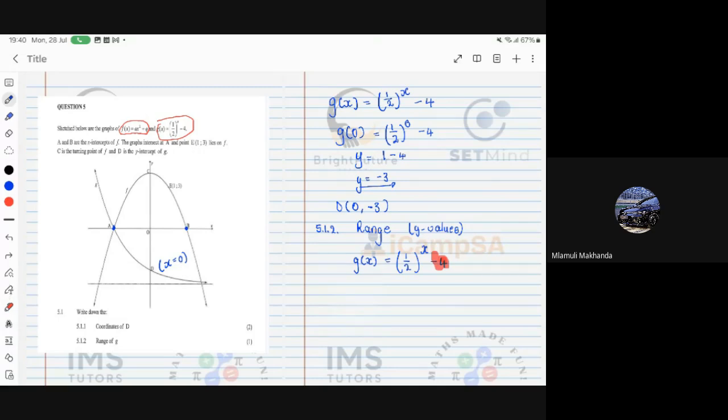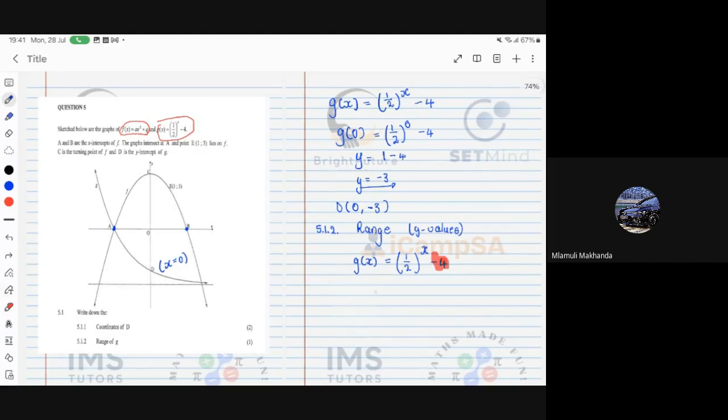We are looking for the range, but I was just mentioning that because it's going to help us formulate our range for this exponential function. This is the function we are looking at, and this is our asymptote. This is not the range now, I was almost confusing myself. This is the asymptote.